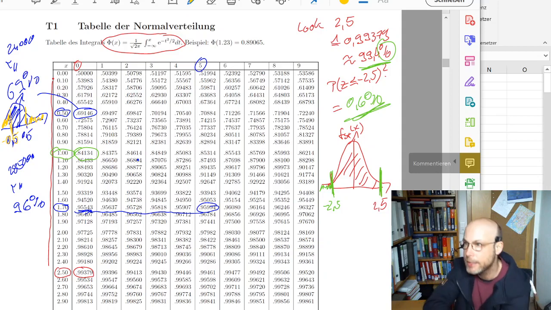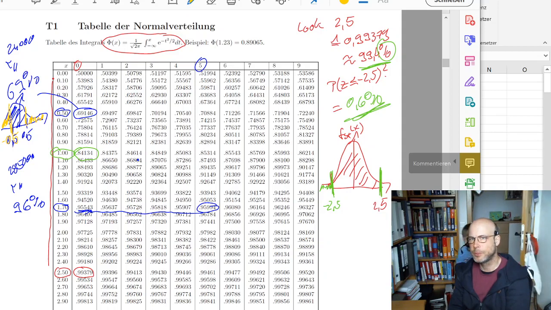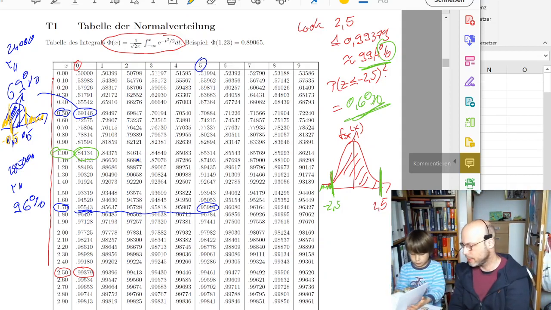Then of course this area here is also the same as this area. If the blue area is 69%, what is the yellow area? The standard normal distribution is symmetric. The total area below the density function is 100%. If the left part is 69%, the right part should be 4%. Oh, yeah, you calculated the total.